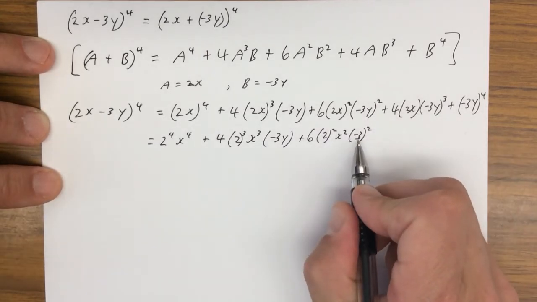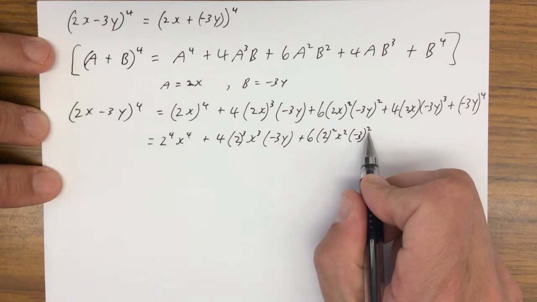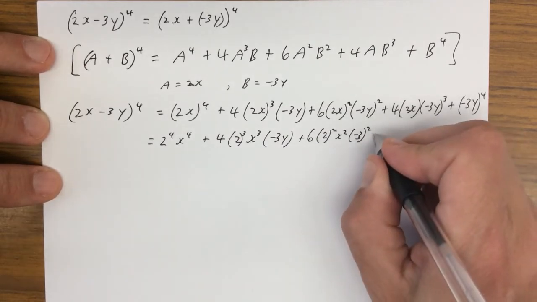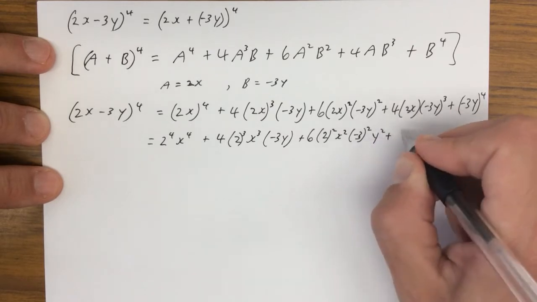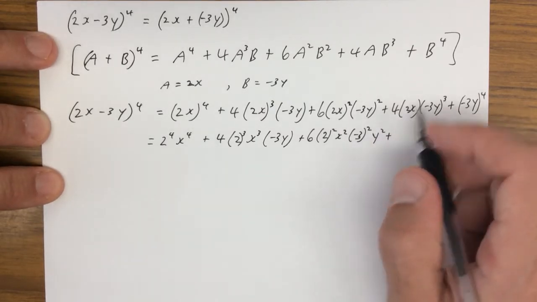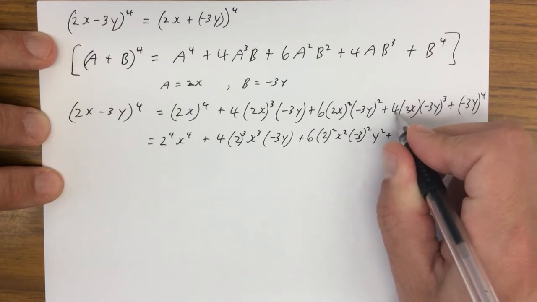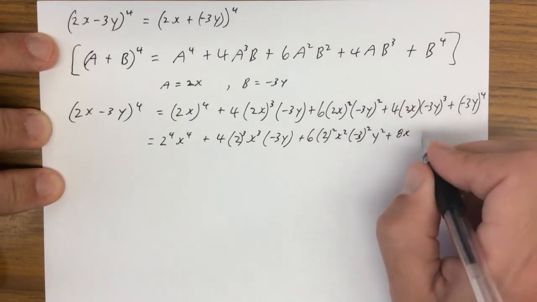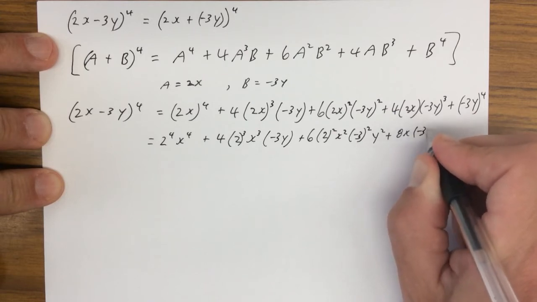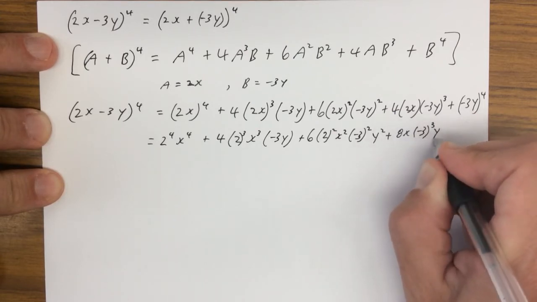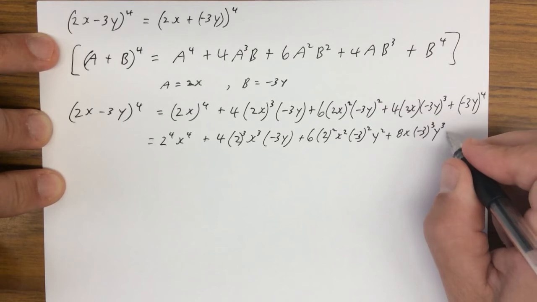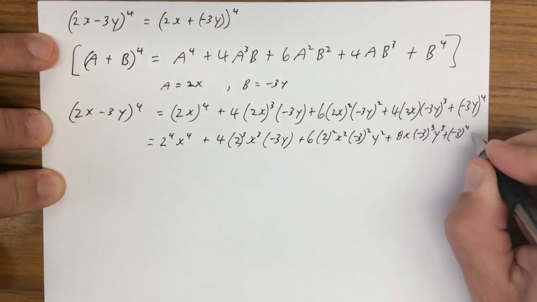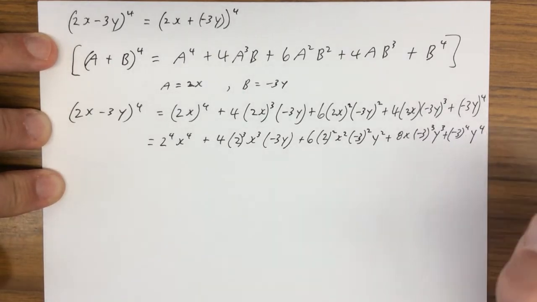The negative 3, the squared must be outside the brackets because you're squaring the negative 3, not just 3. And then y squared. And 4 times 2 is going to be 8. So I'm going to do 8x here. And then negative 3 cubed y cubed. And then plus negative 3 to the 4 and y to the 4.